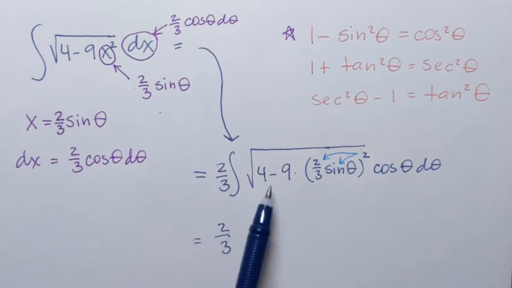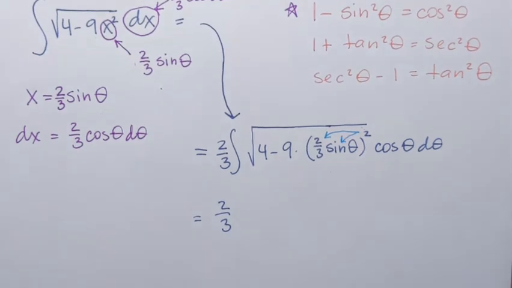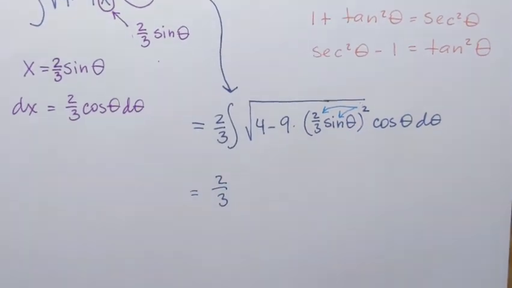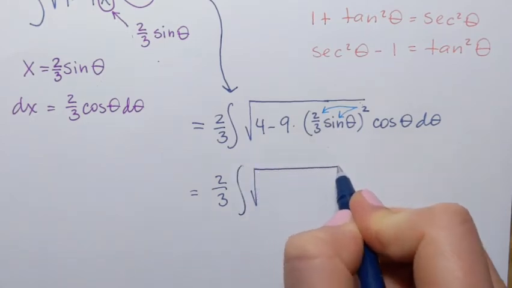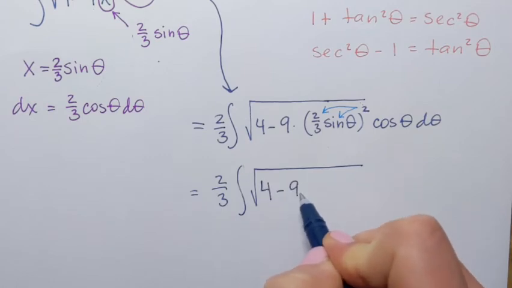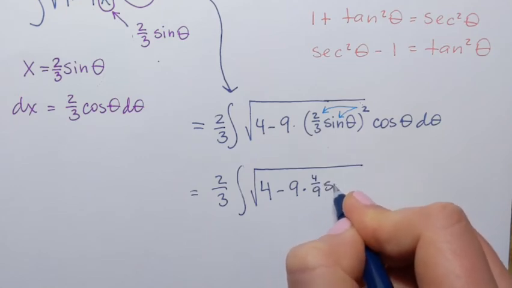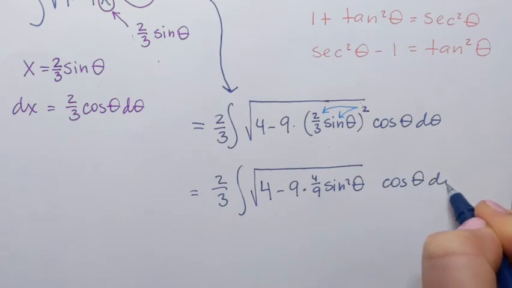So once you perform the original substitution, simplify as much as you can. And through this simplification, the square root has to go. As I said, I'm not skipping any steps, so that's what I have inside the square root right now. 4 minus 9 times, that becomes 4/9 sine squared theta, and then cosine theta d theta.